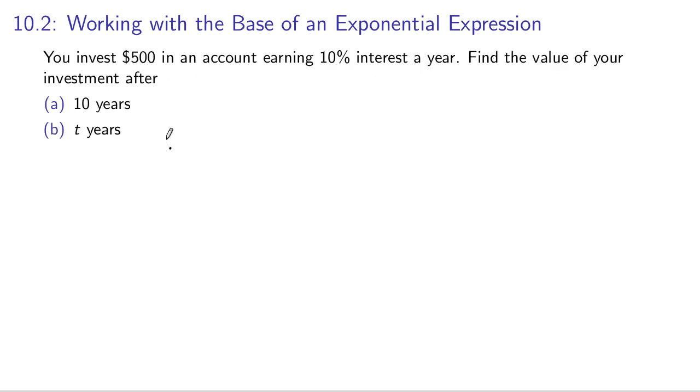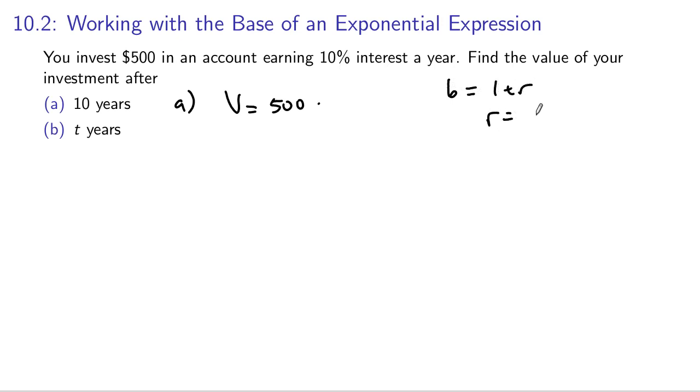You invest $500 in an account earning 10% interest every year, which is an amazing return, by the way. Find the value of your investment after 10 years and after t years. So A, my value, is going to be the initial amount I deposit times some factor b. Well, the factor b is 1 plus the rate.